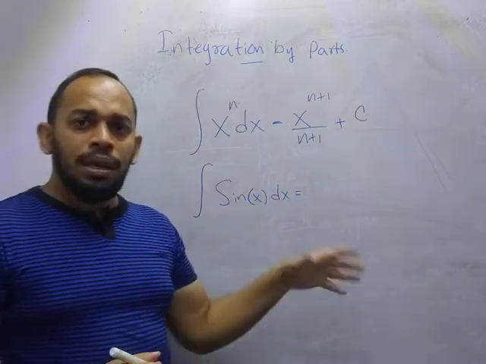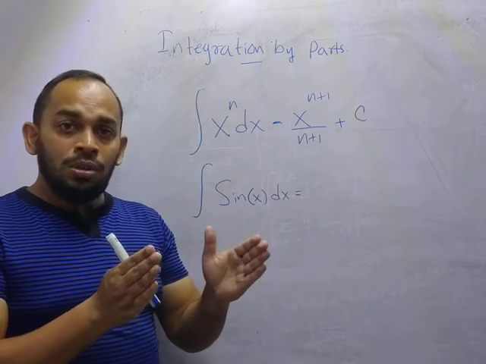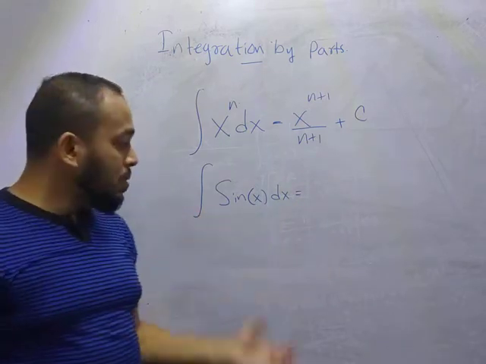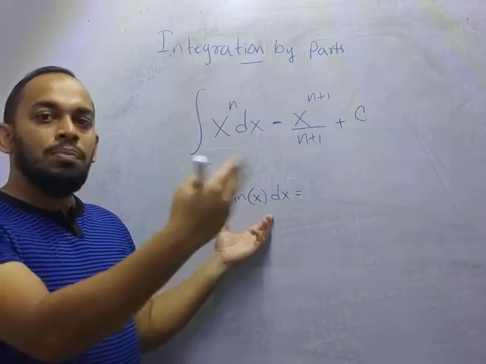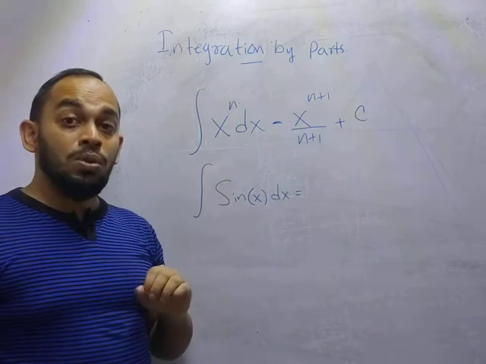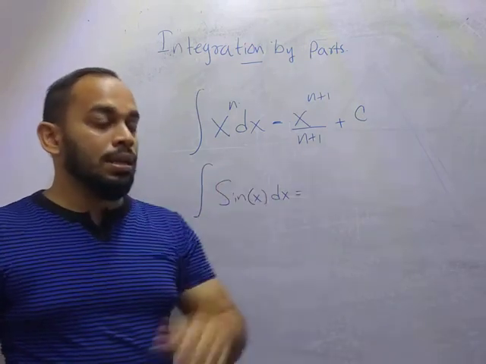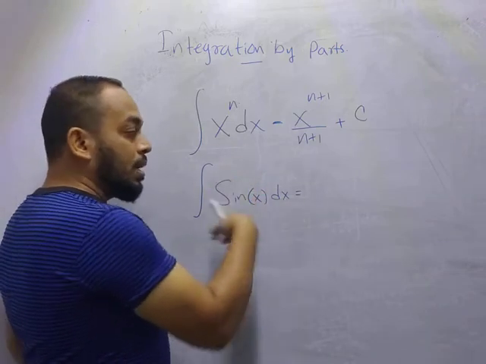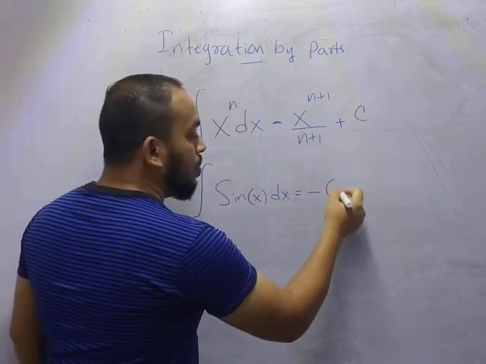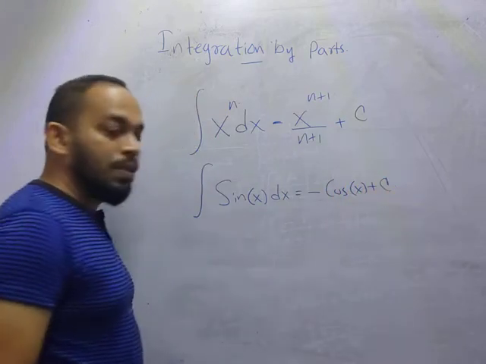That means they are asking you to find what function, when differentiated, produces sine x. That would be cosine x. When you differentiate cosine x, you get minus sine x. So the integral of sine x should be minus cosine of x plus c, right?